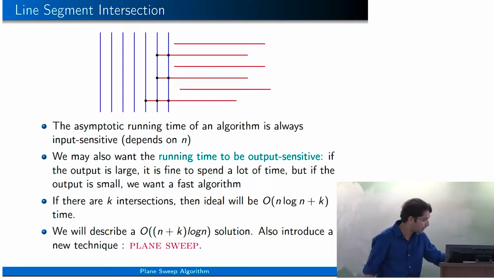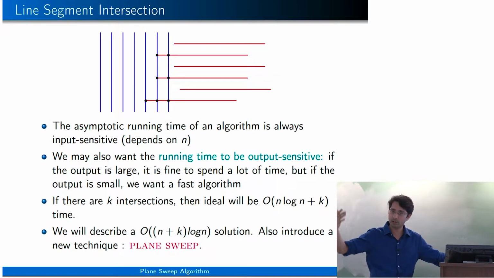At that time this algorithm will take n square log n time, slower than the previous algorithm. The previous algorithm, for any input, will take n square, but this algorithm in the worst case can take n square log n time. But the hope is that we will not get skewed instances a lot, and we expect that the number of intersections is kind of linear. So, our algorithm will outperform the naive algorithm.